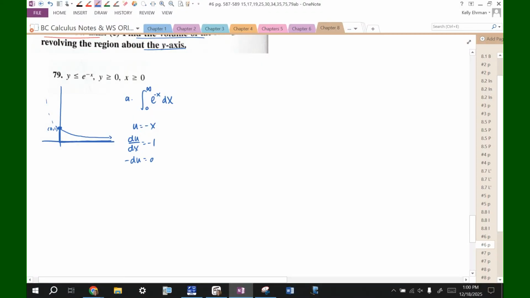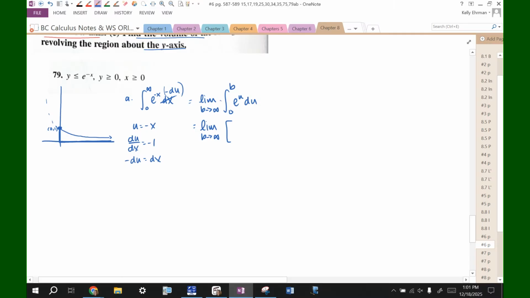Negative du is equal to dx. So this is the limit as b approaches infinity of the integral from 0 to b of e to the u du.